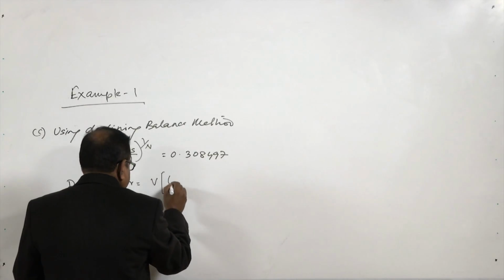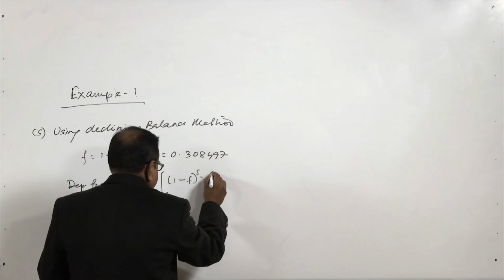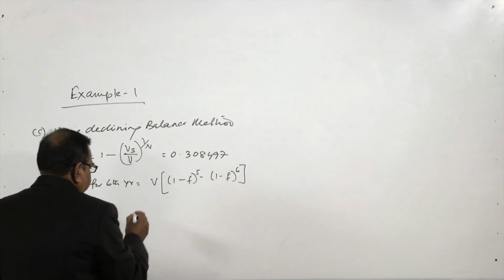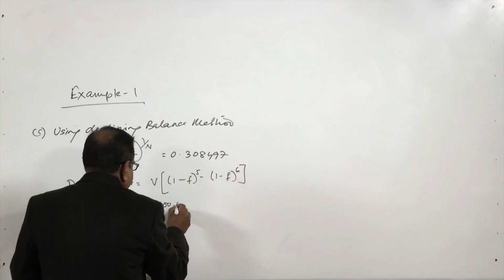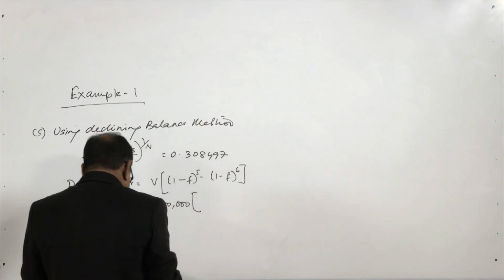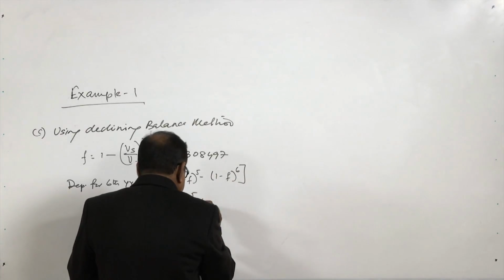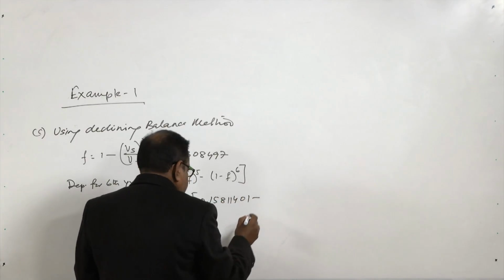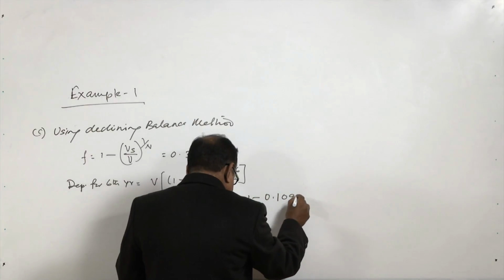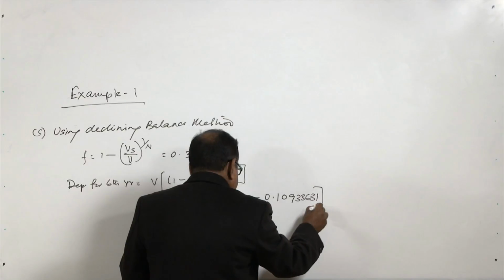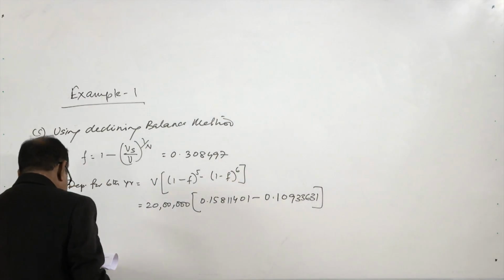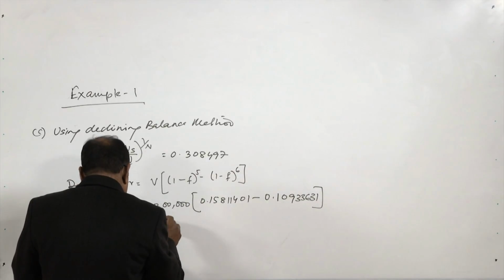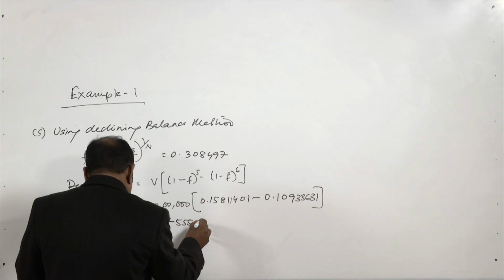So we can write this as (1 minus f)^5 minus (1 minus f)^6, and when we put the values here, 20 lakhs, this comes out to be 0.15811401 minus 0.10933631, and this comes out to be 97,555.39.